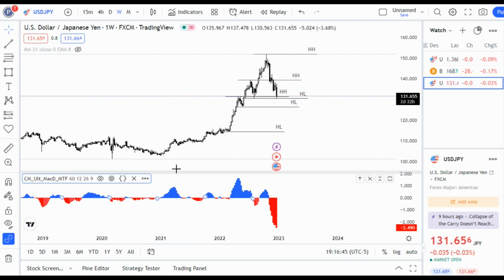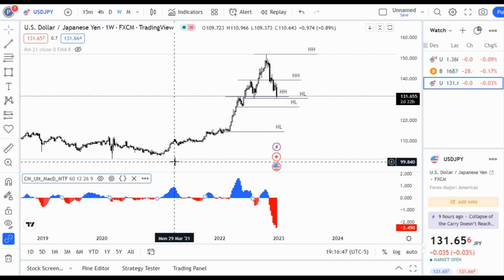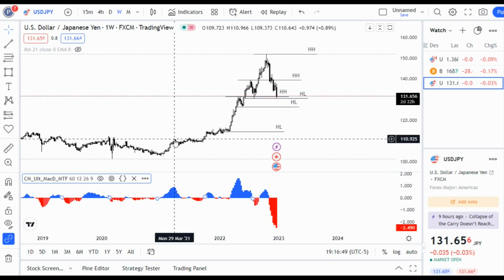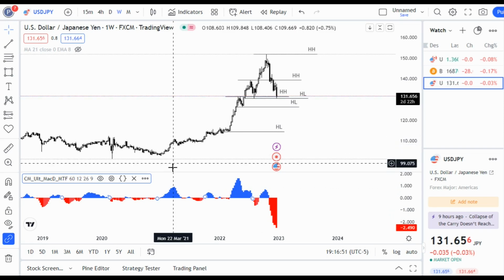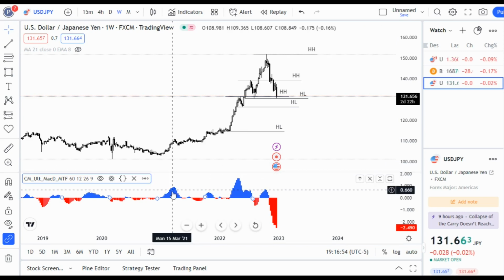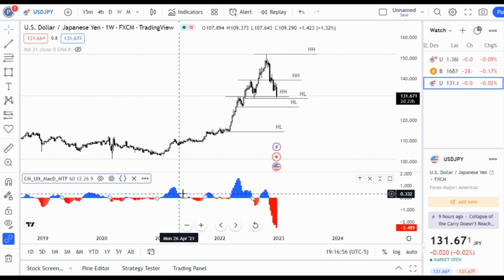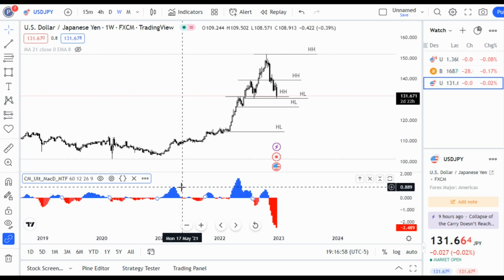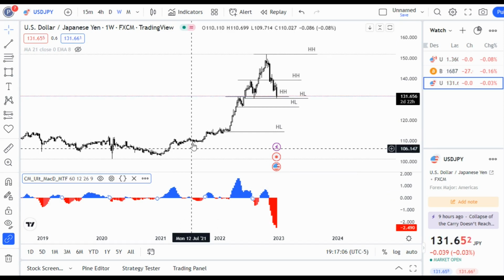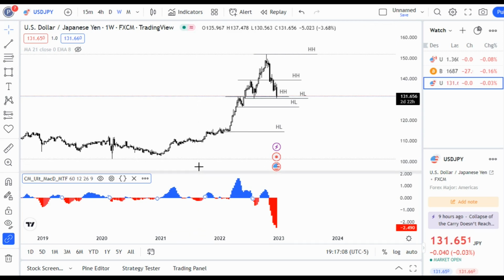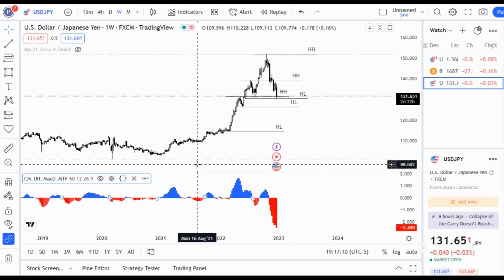Here is a high, and yes, MACD is telling us that it was a high. And here is a low market, indicated by the red. Here is a high, MACD just informed that it's a high, so here is also a high in the market. Here is a low, so you can see all these areas.